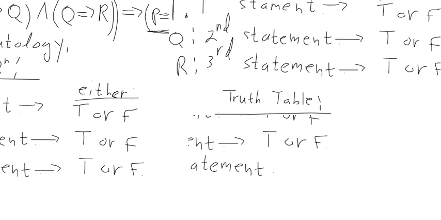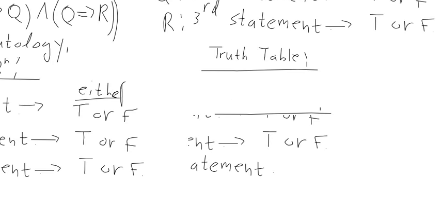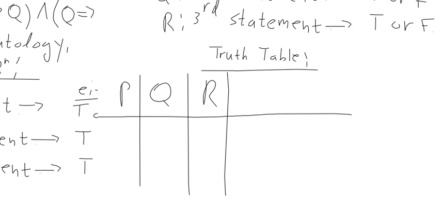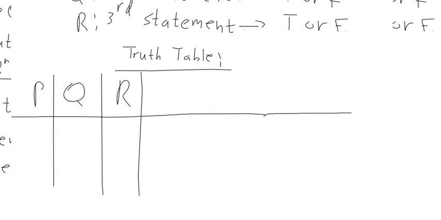Let's say we have columns and rows. We have statement P in one column, statement Q in another column, statement R in another column. Okay, so P, Q, and R.